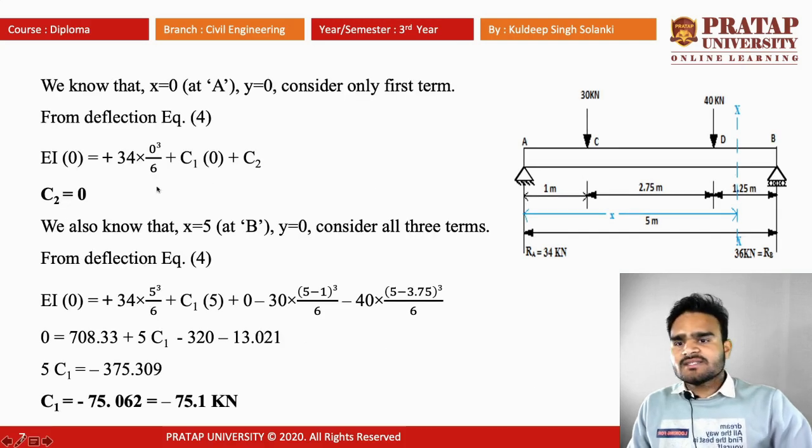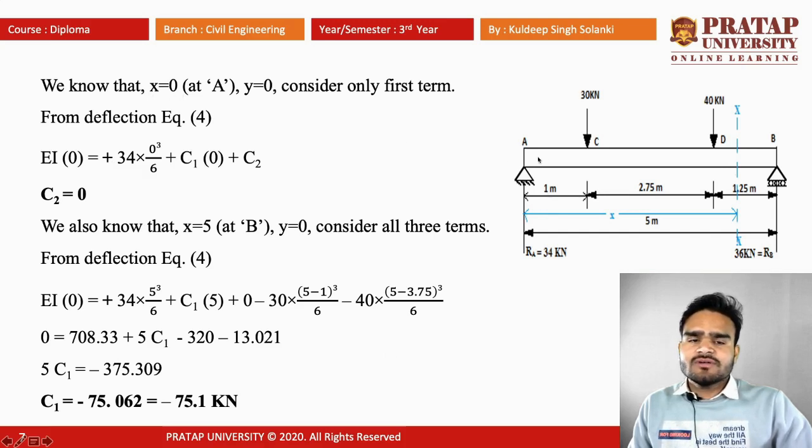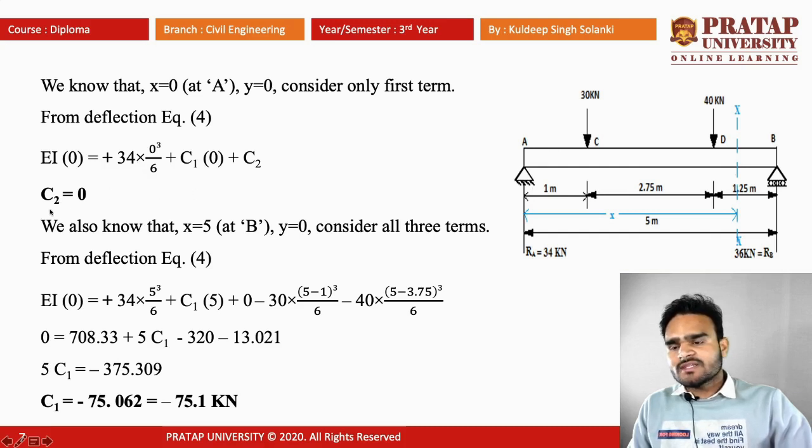Now, in this case we are taking x equals 0, which means in the AC region we take only the first term. So this is our first term of the deflection equation. Solving this equation, we get the value of C2.